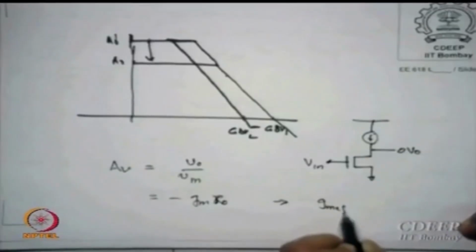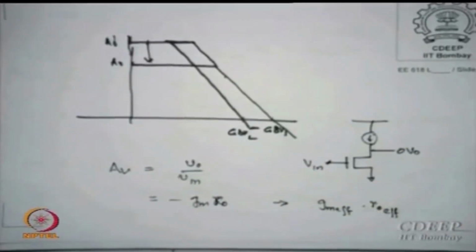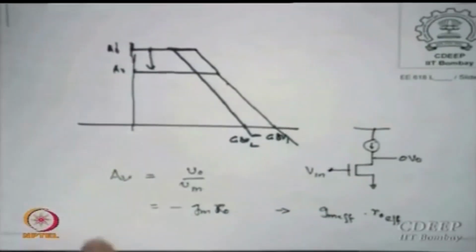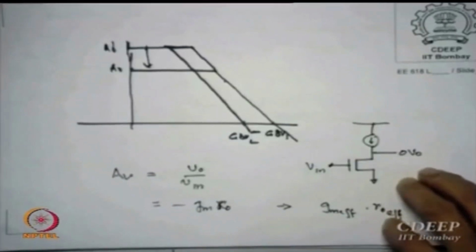So instead of just GM, for the cascode I say GM effective into RO effective, and if I derive these two values for this cascode case, I still have the gain which is minus GM effective into RO effective. Now this is what follows, and therefore I thought before I start you should know that I am basically trying to replicate what I already know and convert that into my earlier knowledge. Is that okay, all of you?